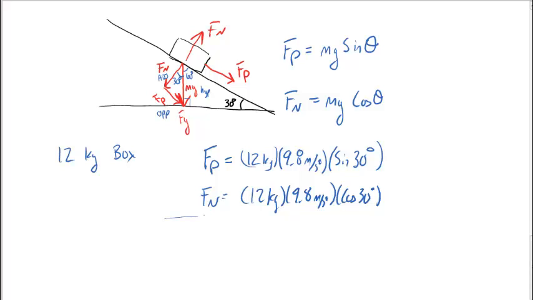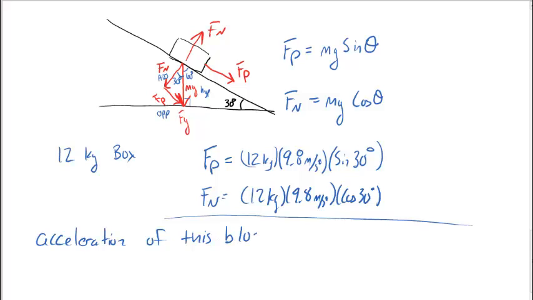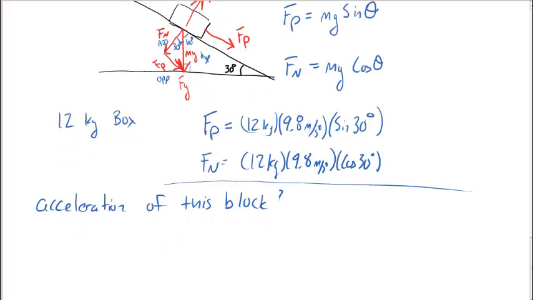Now the questions you might encounter might be a little bit trickier, and so they might say, what is the acceleration of this block? So in this case, I also have to find out what the force of friction is.